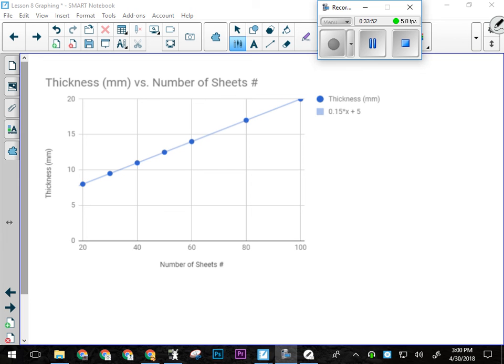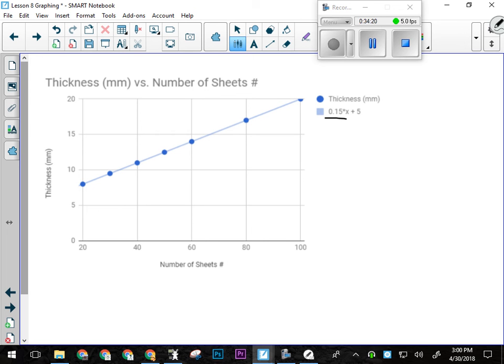Notice that also happens to be the slope of the graph. It's the slope of the line because this number tells us the relationship between the rise and the run of this graph. The rise is in millimeters and the run is in sheets, which means the units for the slope are millimeters per sheet. So the slope tells us it's this many millimeters for one sheet of paper.